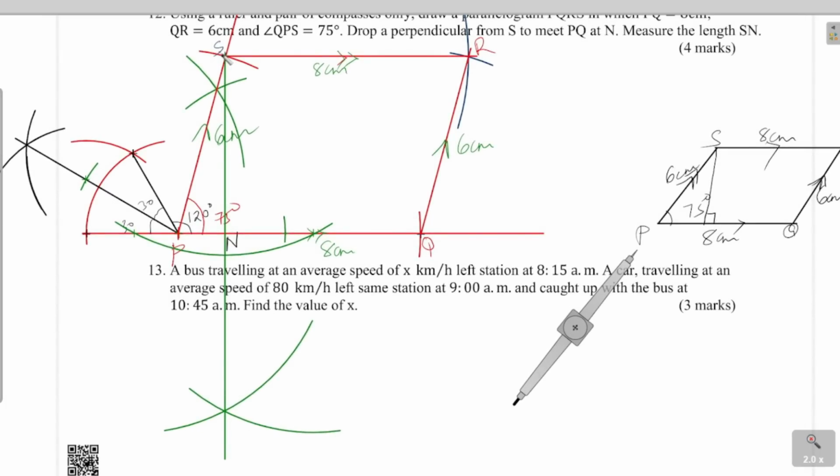SN will be this distance here. I'll use a pair of compasses, mine is calibrated, so standing at that point I'll take that measurement. That is giving 5.9. So SN is equal to 5.9 centimeters, and that is how you're supposed to solve that question.